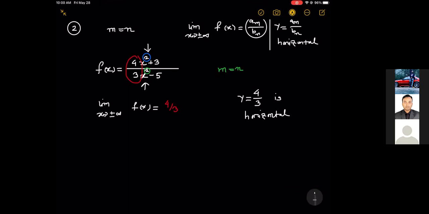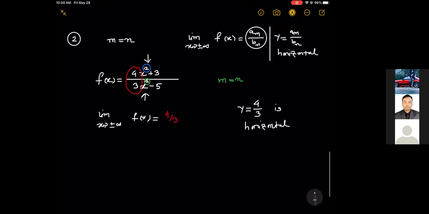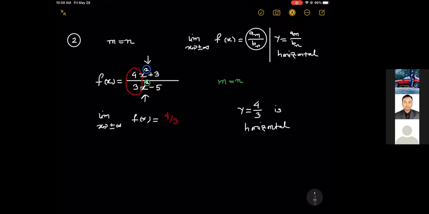Do you see how easy that is? As long as you remember it, just take the ratio of the leading coefficients, which is 4 and 3 on this occasion, right? Any question from this?